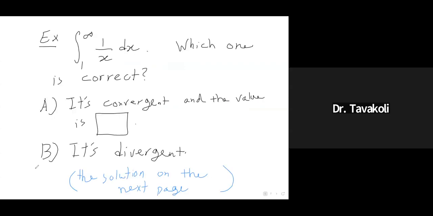We should choose B. In B, there is no space for writing infinity. If there was some box there saying that it is divergent and it approaches, or is equal to, then I would have needed to enter infinity, but B doesn't have anything like that, so just it's divergent.